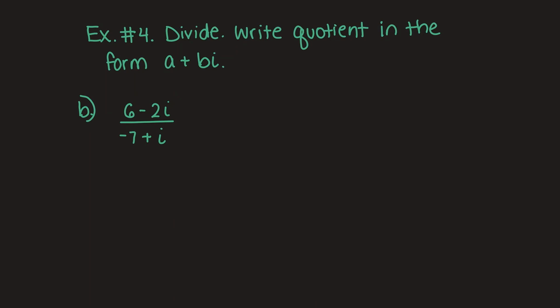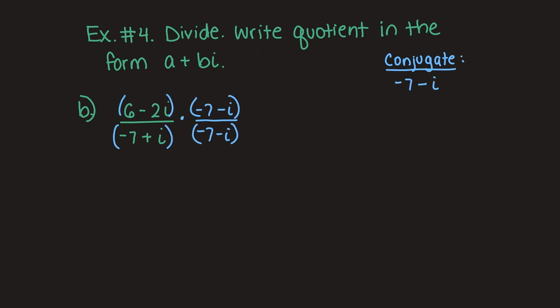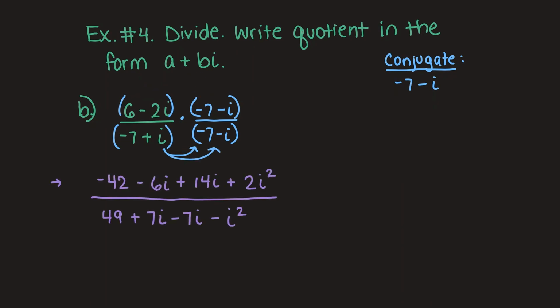For the next example, again, since we technically have a radical in the denominator, we will have to rationalize this by multiplying both the numerator and the denominator by the conjugate, which is negative 7 minus i. So we multiply the numerator and the denominators across and simplify.